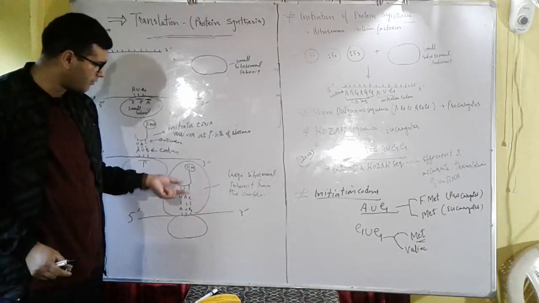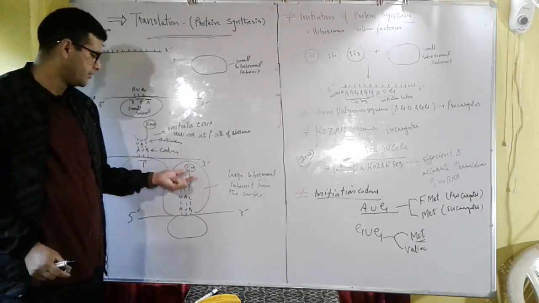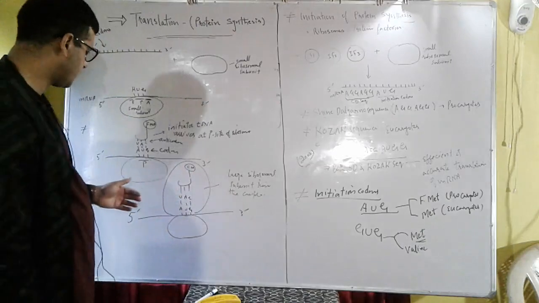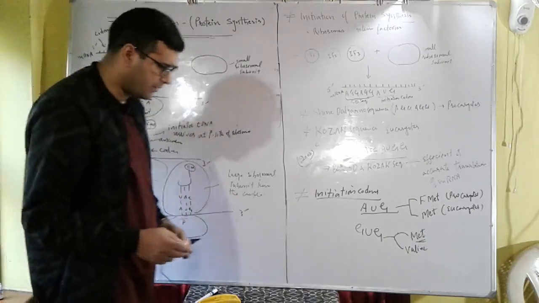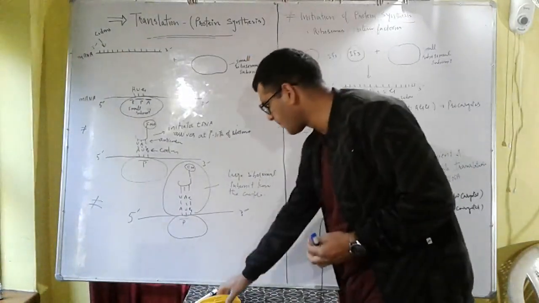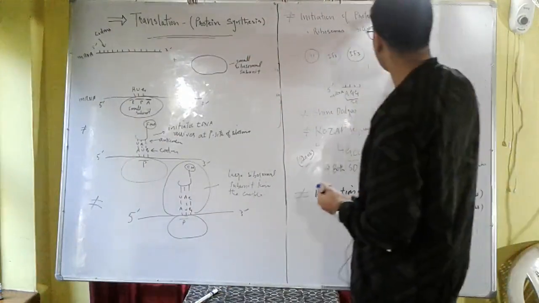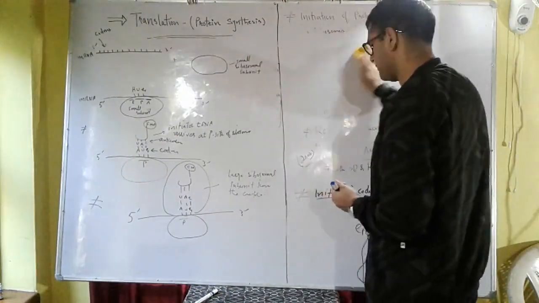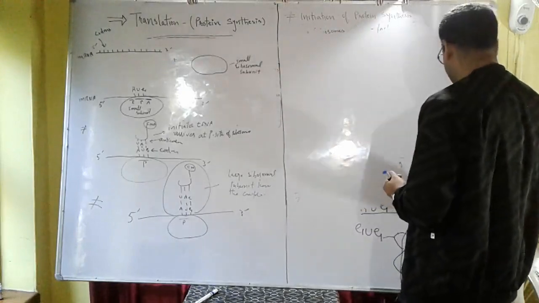This is the anticodon of tRNA. This is the first tRNA, the initiator tRNA, which arrives at the P site of the ribosome. Now this is the initiation of polypeptide synthesis.